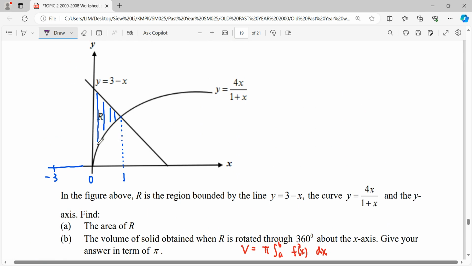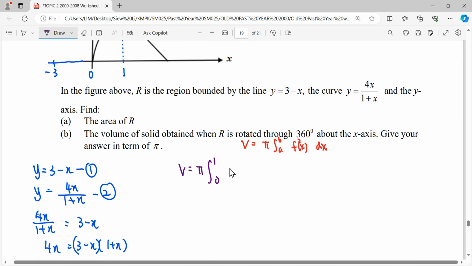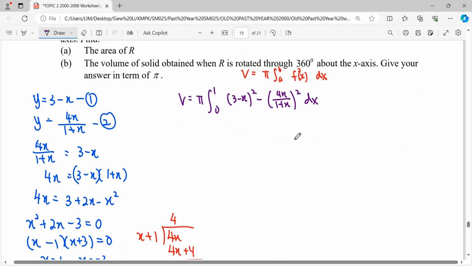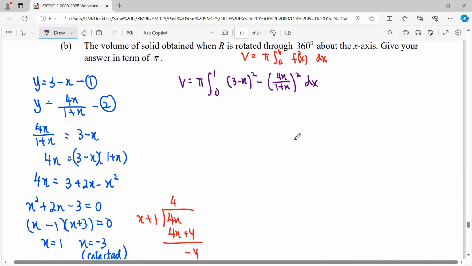We notice this is a two-curve concept, so we take the upper curve minus the lower curve: 3 minus x squared minus the other curve, 4x over 1 plus x, all squared, dx. To integrate this, we simplify first.